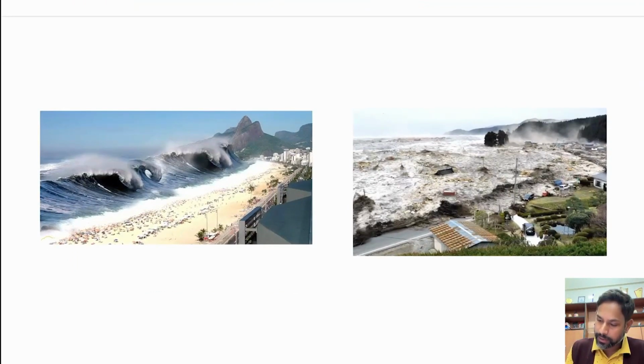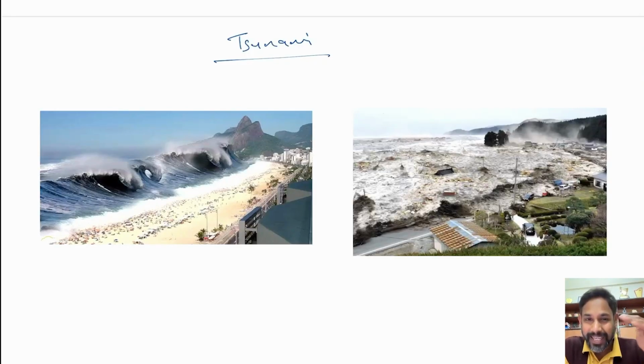These are basically images from the tsunami, right, where this is also a sort of water wave, and that is why the water velocity we have at the top is there at the bottom as well, and that is why it tries to drag everything that's at the bottom. Let's say if there is a tsunami that is going over the buildings or other things, it just tries to drag the buildings or cars or whatever comes on its way, right?